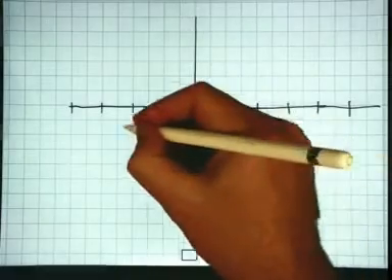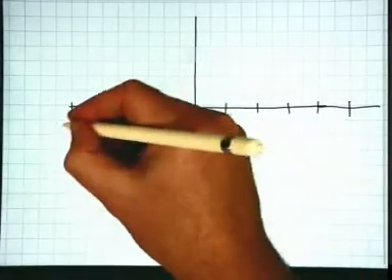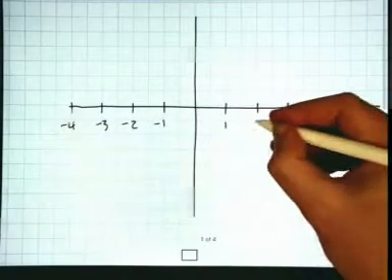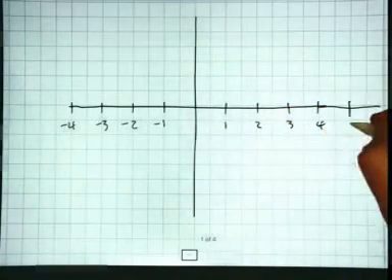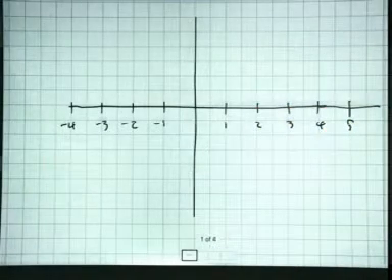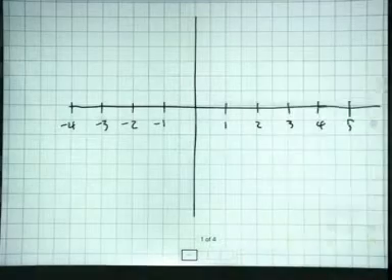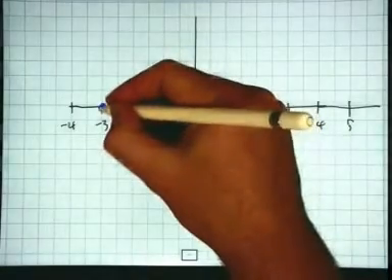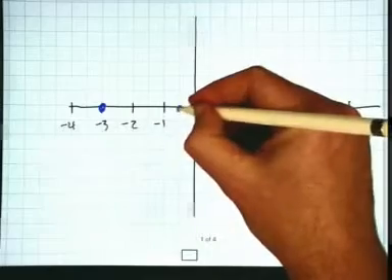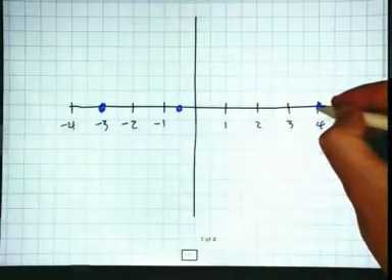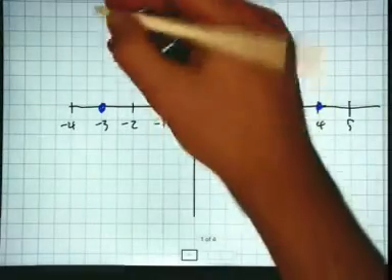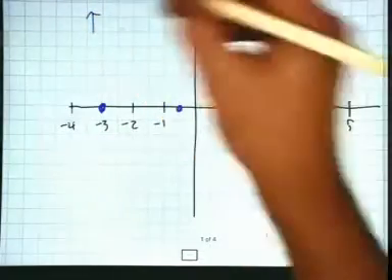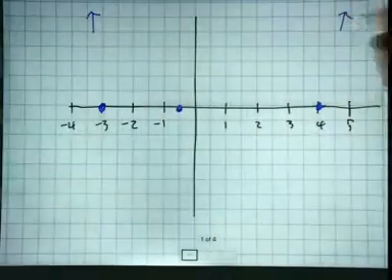So this is -1, -2, -3, -4, 1, 2, 3, 4, 5, and we'll plot our points along the x-axis: -3, -1/2, and 4. I know that my end behavior rises on both the left and the right.